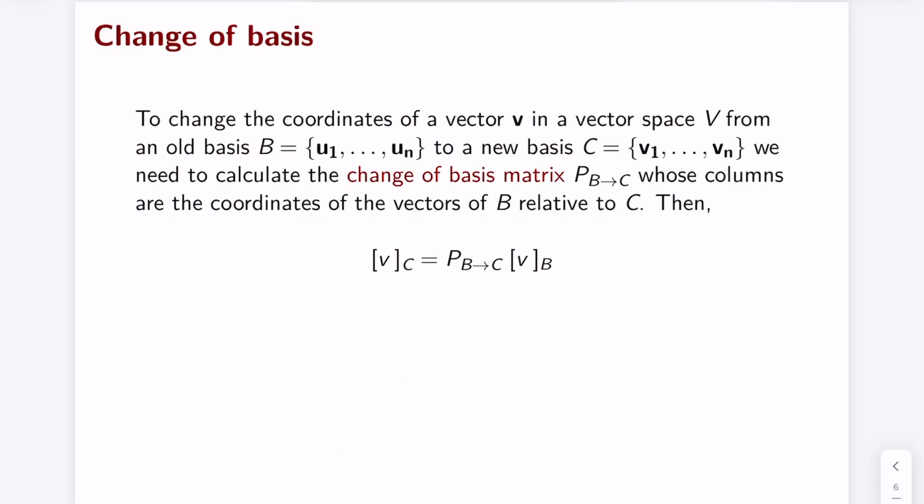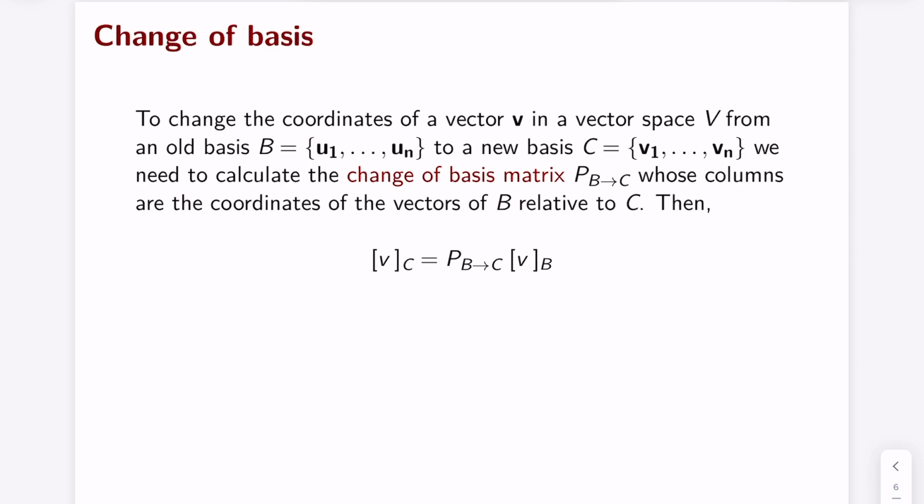This is an important result. We were doing it with the standard bases, but it doesn't have to be so. We can change a vector that is expressed in a certain base to another base. The bases can be anything.